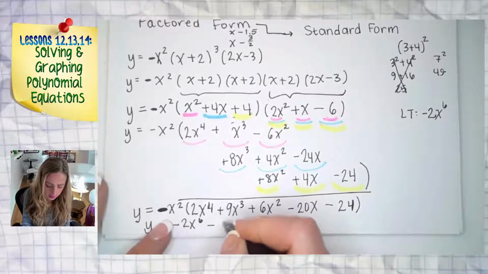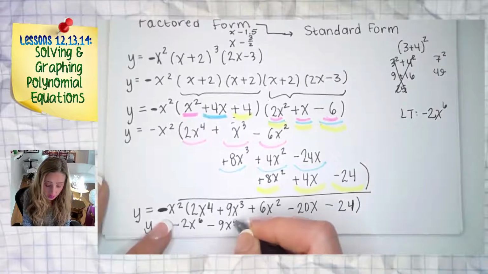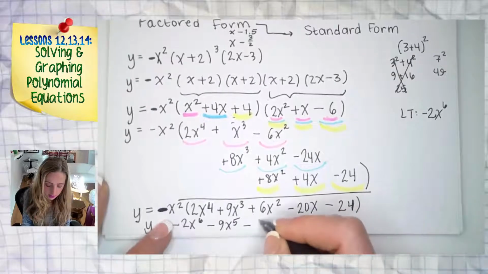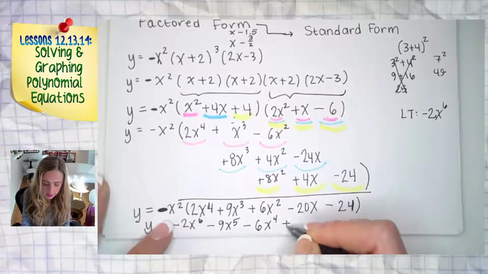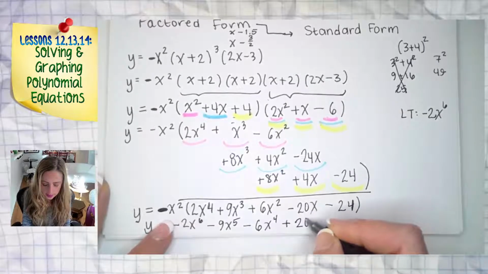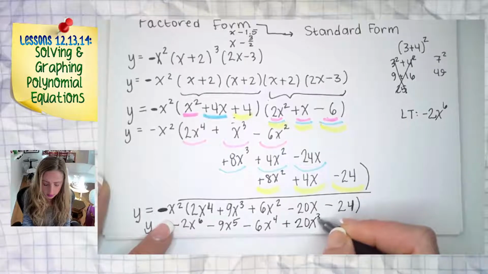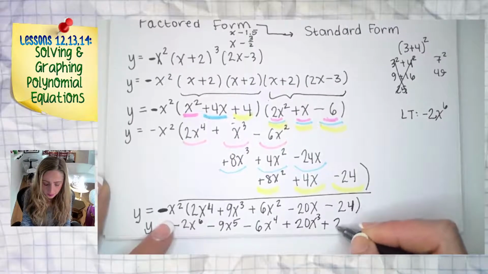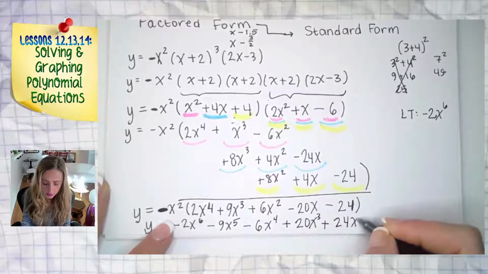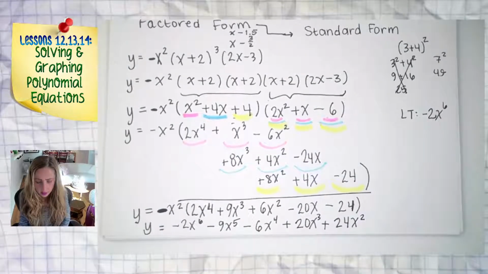I'll have minus 9x to the 5 minus 6x to the 4 plus 20x to the 3rd and plus 24x squared. Does anyone in here think, yeah, actually, I may have gotten this one right?